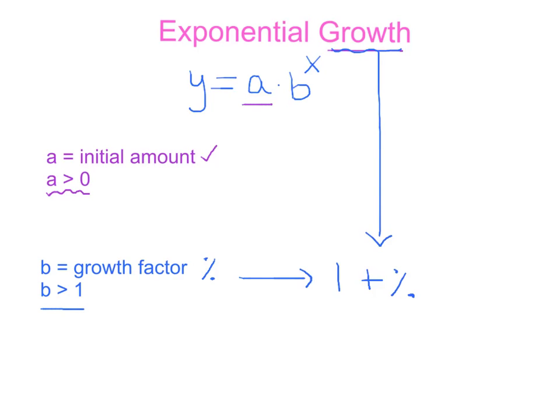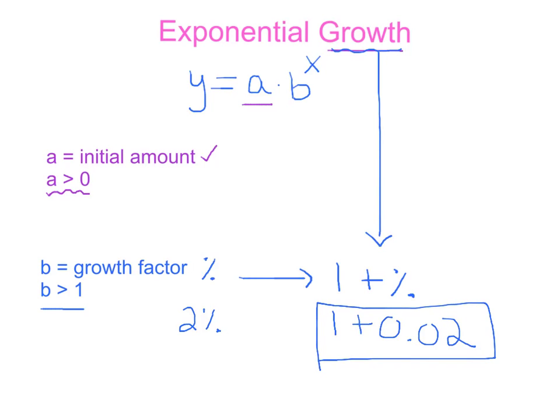In other words, if there is a 2% growth factor, 2% as a decimal is 0.02, but we would do 1 plus 0.02, because you have to add 1 in order for the growth factor to be greater than 1.